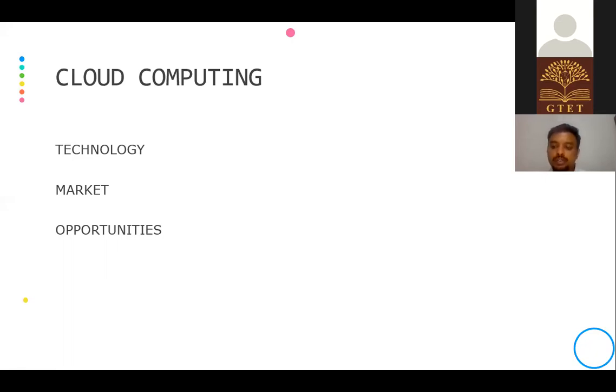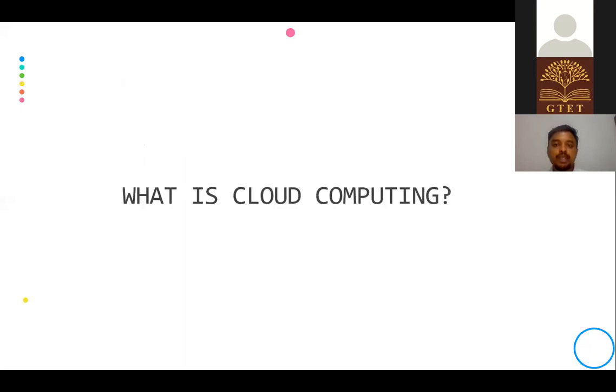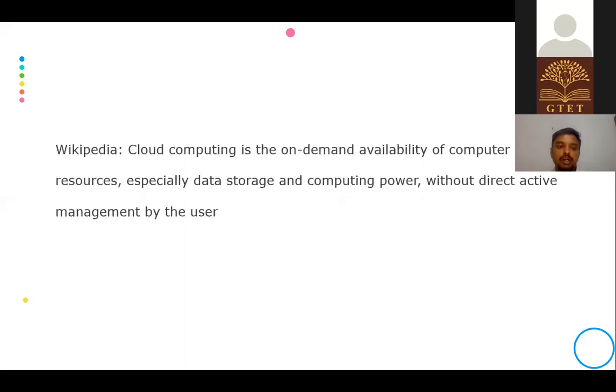Let's try to understand what is cloud computing. If I were to understand cloud computing, the first thing that I would do is go and look up Google and search what Wikipedia is telling me about cloud computing.